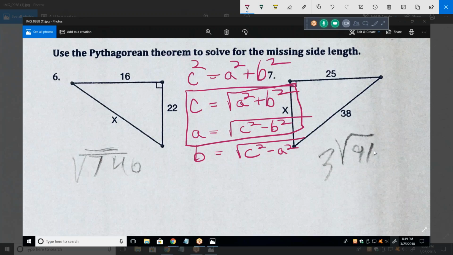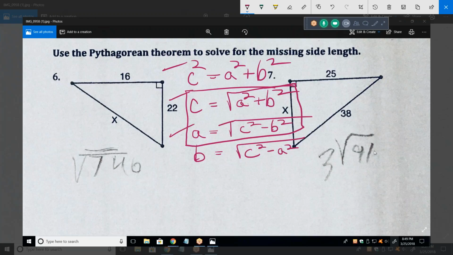But when you're solving for one of the short sides, like number 7, then it's best if you jump directly to that, not have to go all the way back to the Pythagorean theorem and solve for A. There's a lot of algebra involved in that. Memorizing that might seem like a waste of time, but only because you're going to have to do it 500 times. Let's get really efficient at doing it.